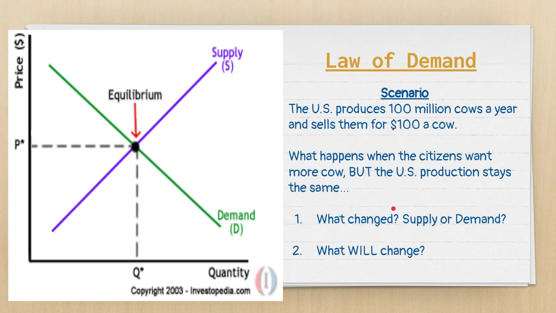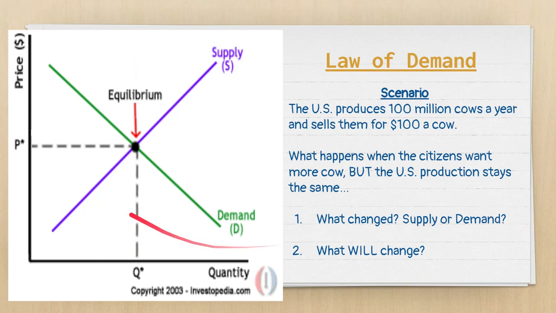Well, if we're looking at this problem, we can see more citizens want more cows. So our demand has changed. Then, if our demand continues to go up, what will change? Well, if supply is staying the same, but more people are demanding something, the price will actually go up.